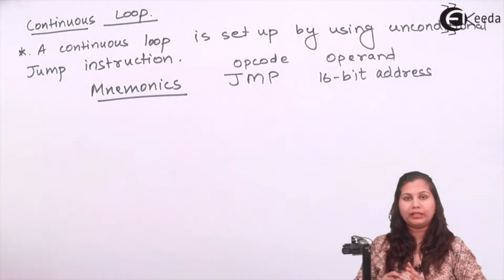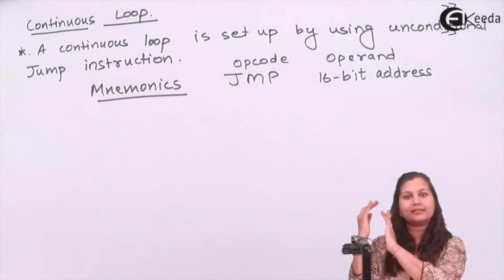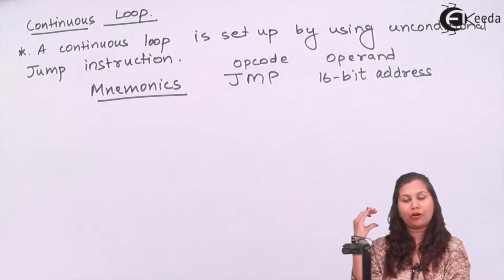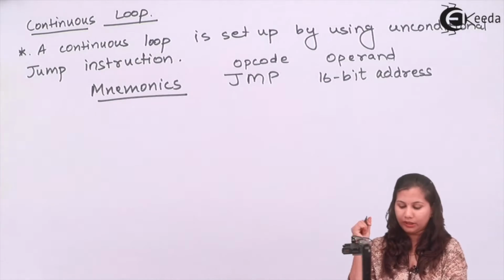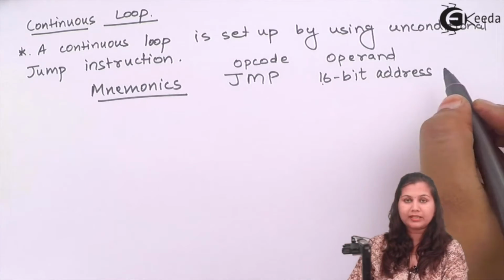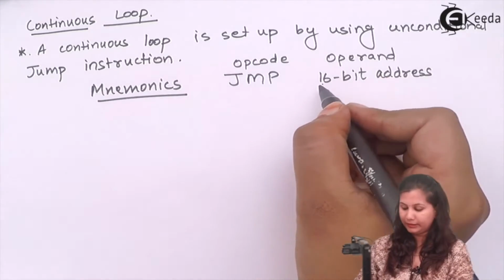Subroutine means from the main program we are writing a short program at some other location. That short program which is written at a different location is called the subroutine. So the 16-bit address where the subroutine is written will be the operand.